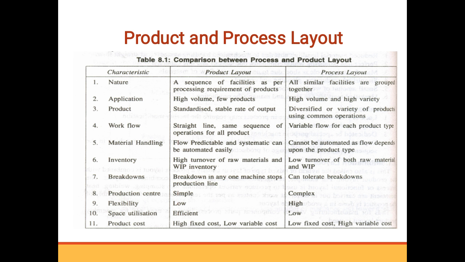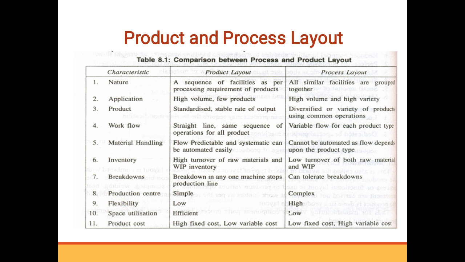If we consider the characteristic of the product, usually product layout is preferred for a standardized product, and where there is a stable rate of output. That means we can consider here the demand is constant. Process layout is useful for a product where it has variety and common operations.